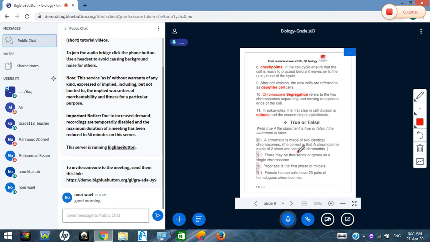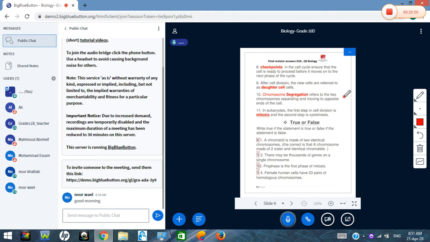Number 8, checkpoints in the cell cycle ensure that the cell is ready to proceed before it moves on to the next phase of the cell cycle.